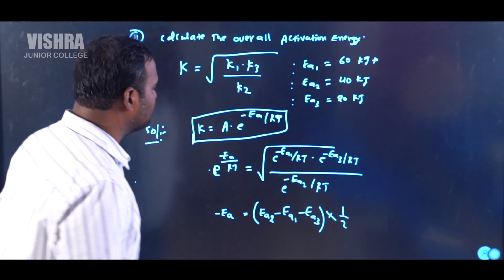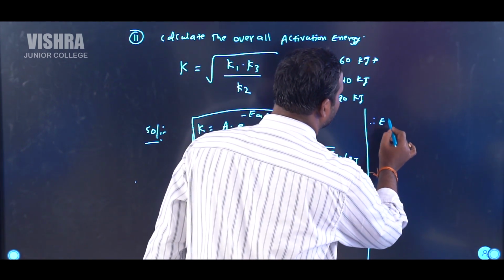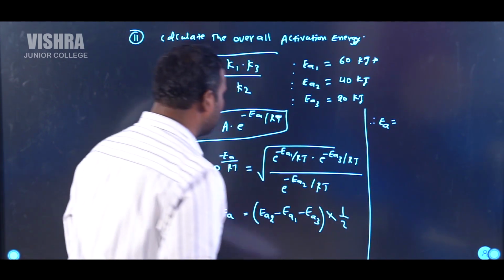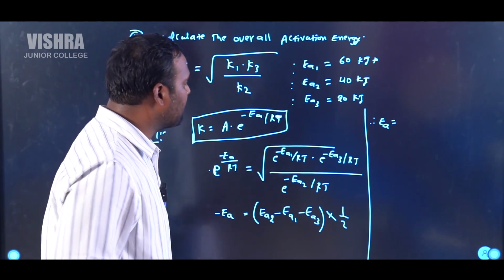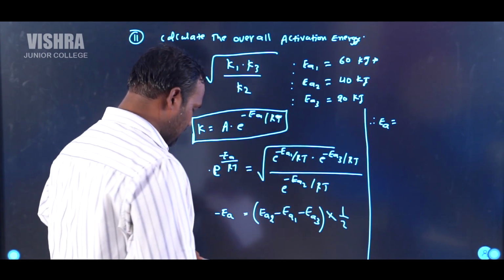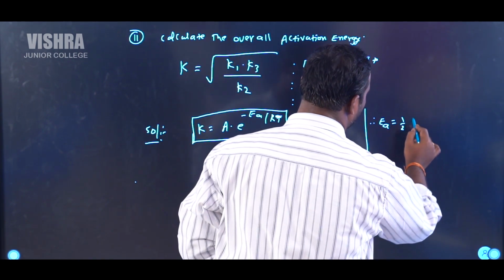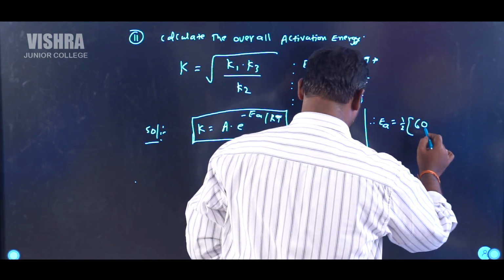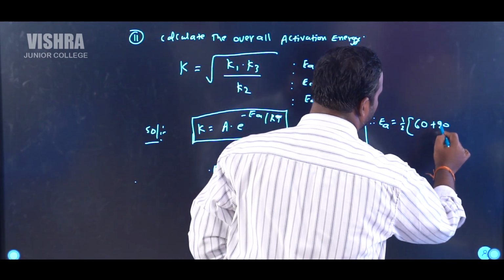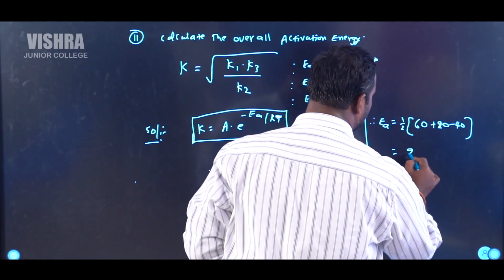Find the Ea value. They gave Ea1 is 60, Ea2 is 40, Ea3 is 20. Therefore, overall activation energy Ea is equal to 1 by 2 into 60 plus 20 minus 40, that is equal to 20 kilojoules.